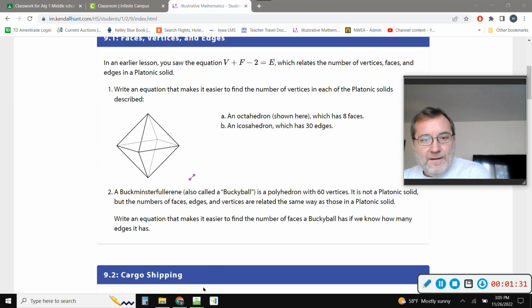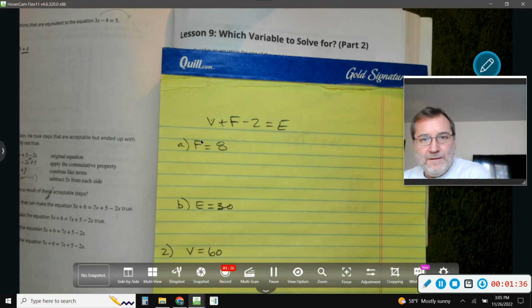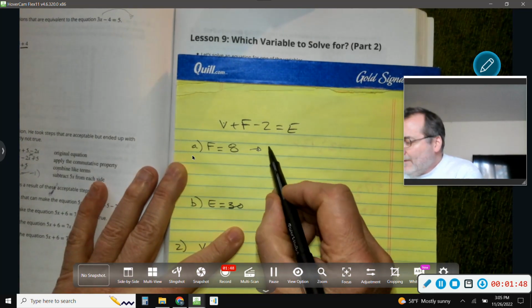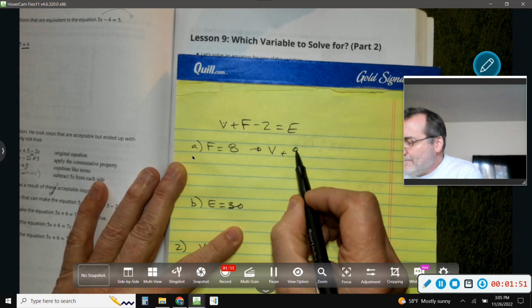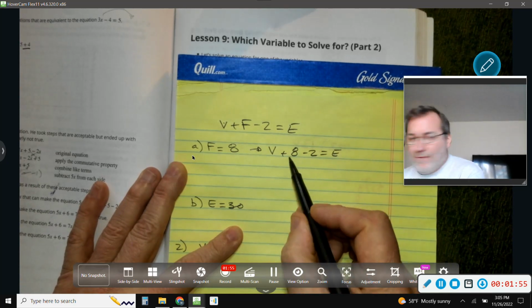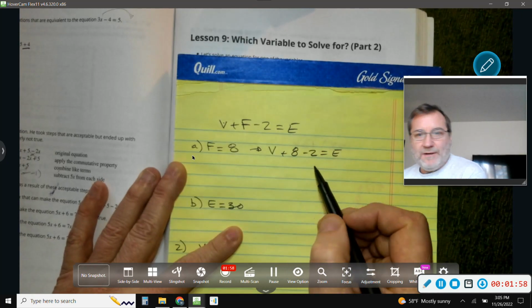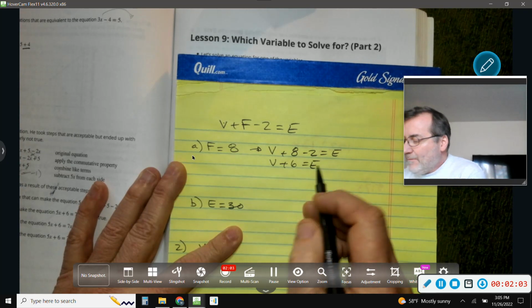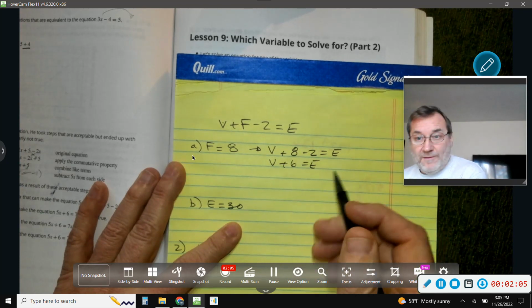Let's go back to our overhead camera. This is the equation that we have here: V plus F minus 2 equals E. We're going to start out by substituting in 8 for the F. So we get V plus 8 minus 2 equals E. We have like terms between the 8 and the 2, so we can combine those: V plus 6 equals E. But we're always trying to solve for the V, the vertices.